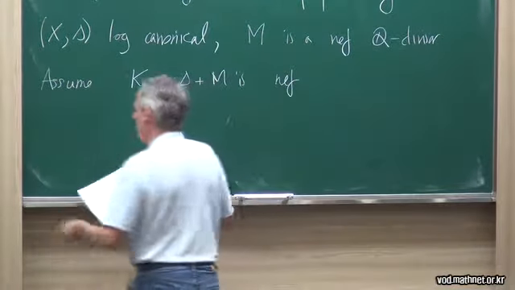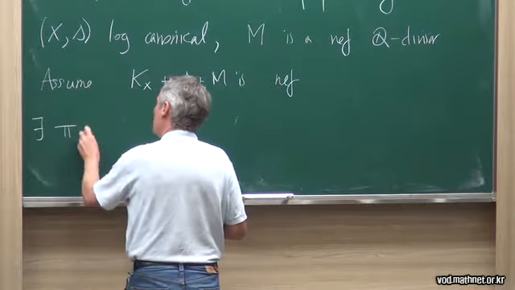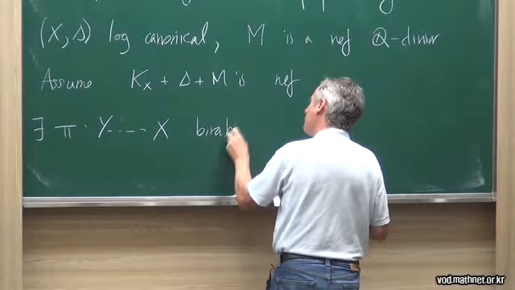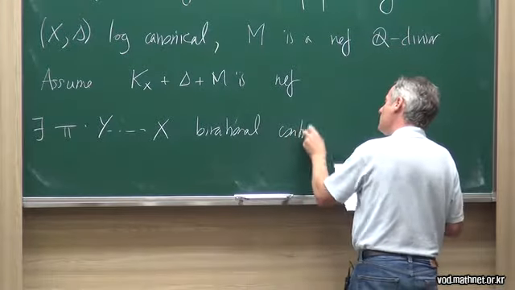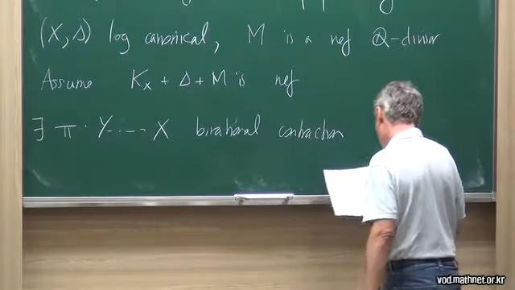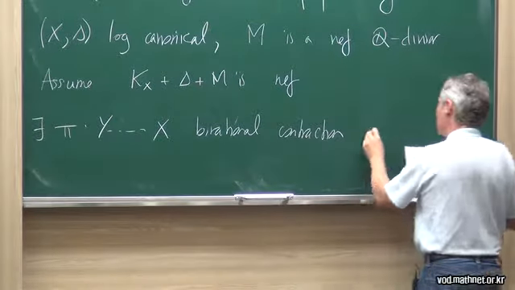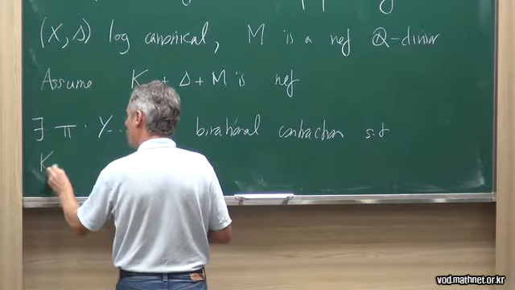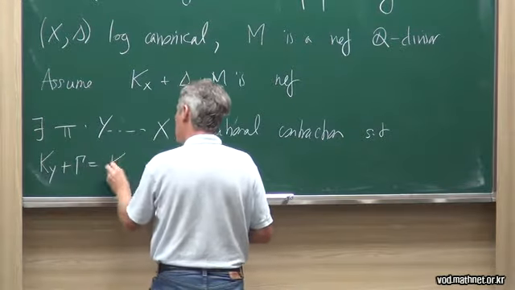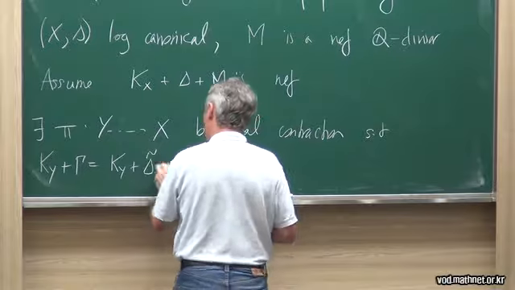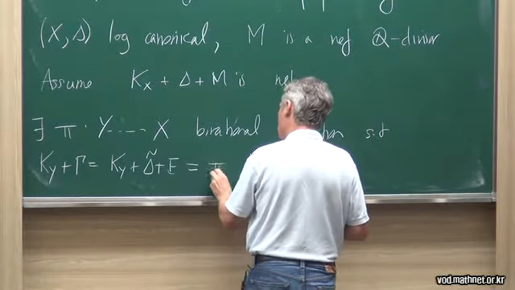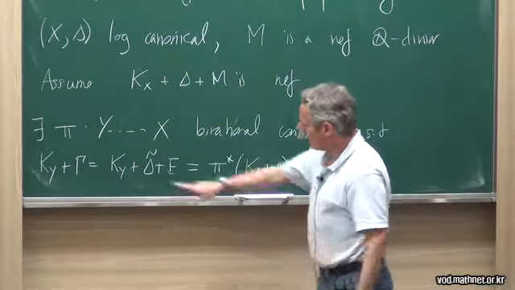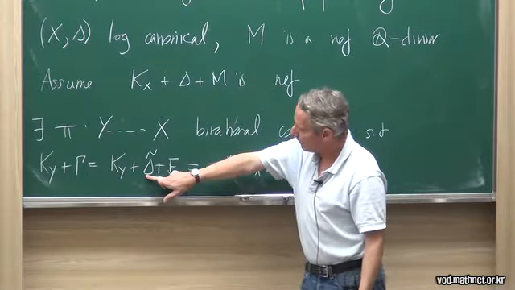Then what's true is that there exists pi from Y to X, a rational contraction, such that if I write K_Y plus gamma, which is K_Y plus delta tilde plus E, as K_X plus delta, so this, as usual, will be the strict transform of delta.